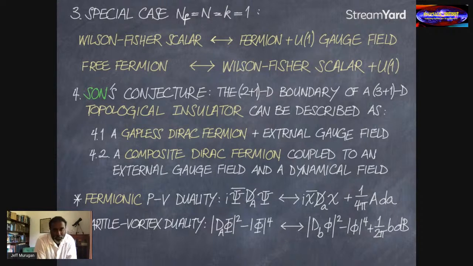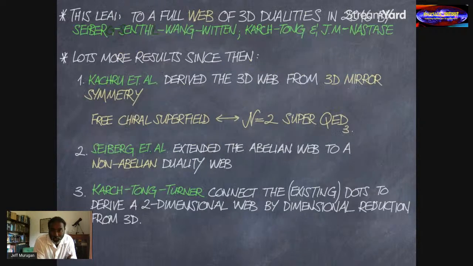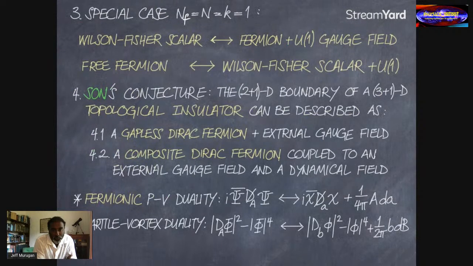It's that if I have some field phi, so this is the last line in this slide, if I have some field phi with a phi-4 interaction and coupled to an external gauge field A, then this is dual to another scalar field, little phi, also with a phi-4 interaction, coupled to an external gauge field, capital B, but gauged. So there's an internal dynamical gauge field, little b. So that's particle vortex duality.